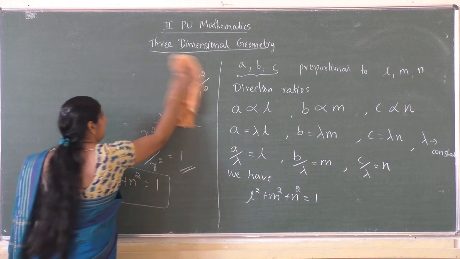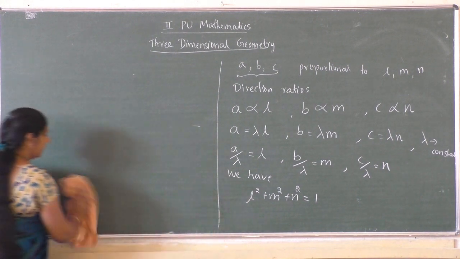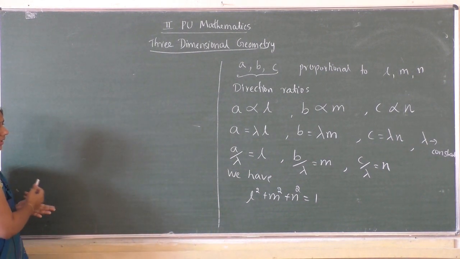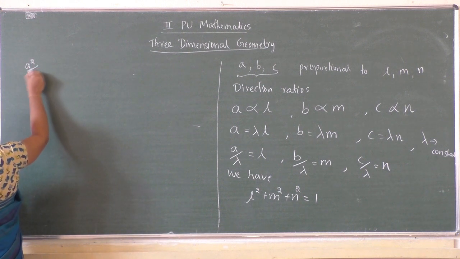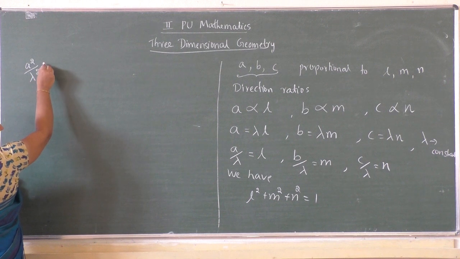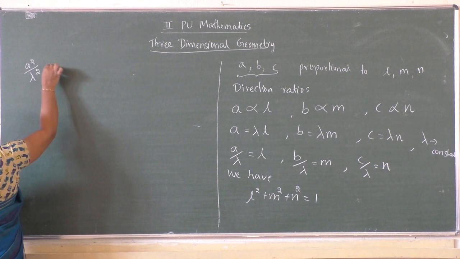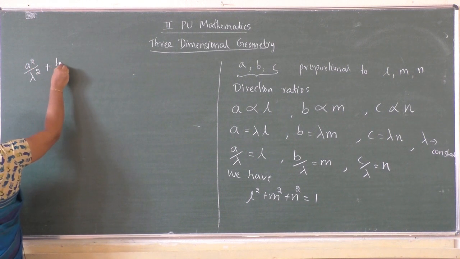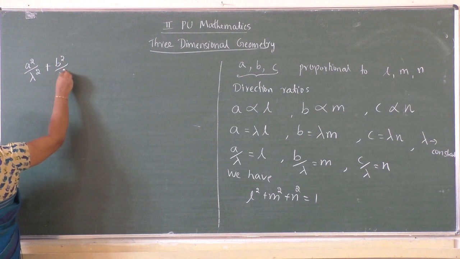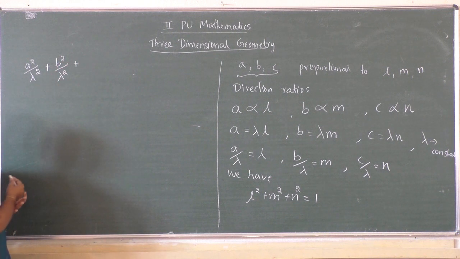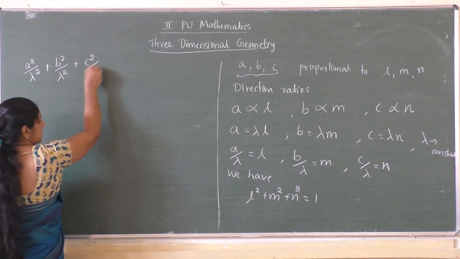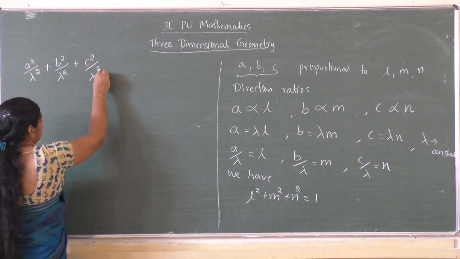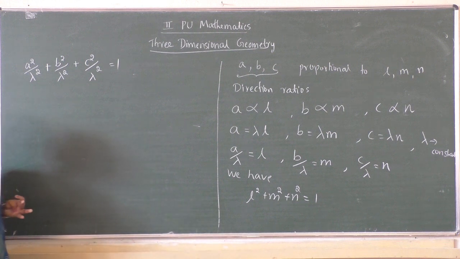If I substitute the values there, what will we get? In the place of L we substitute A by lambda, then we get A square by lambda square, plus B square by lambda square, plus C square by lambda square, which is equal to 1.